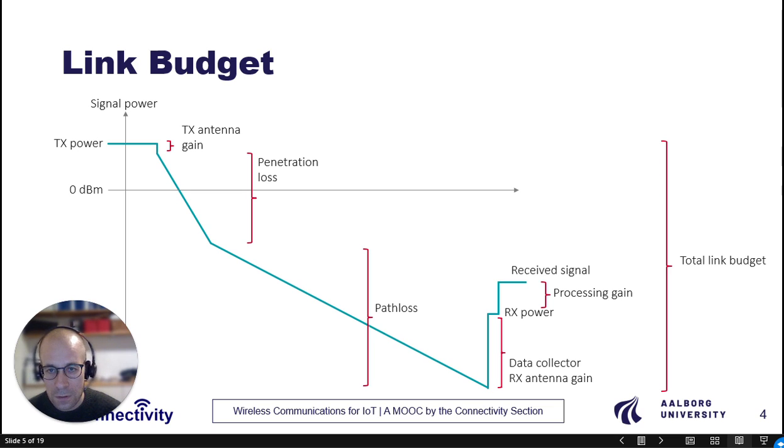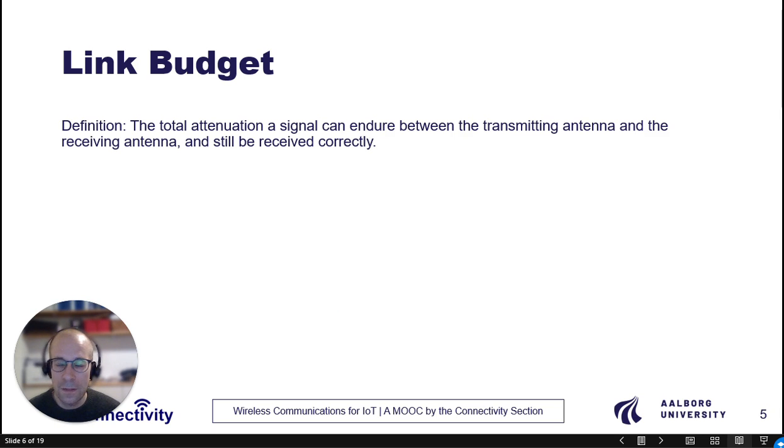So if we put this in a definition, then the link budget is defined as the total attenuation a signal can endure between the transmitting antenna and the receiving antenna and still be received correctly.